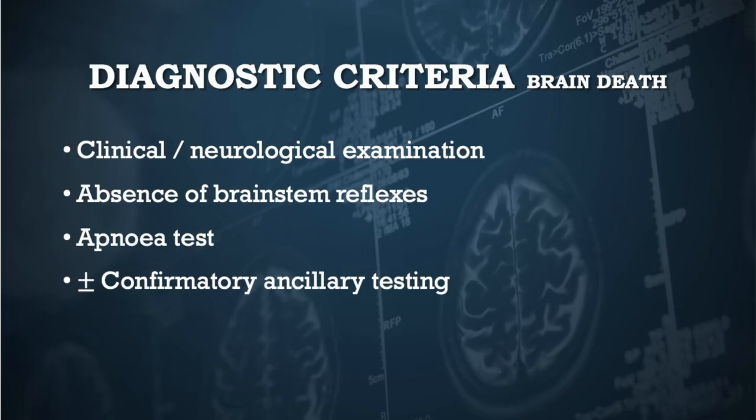Diagnostic criteria for brain death are based on four criteria: the clinical examination, which is a thorough neurological exam to assess the brain function, absence of brainstem reflexes, which we'll go through now, the dreaded apnea test, and then any confirmatory tests.